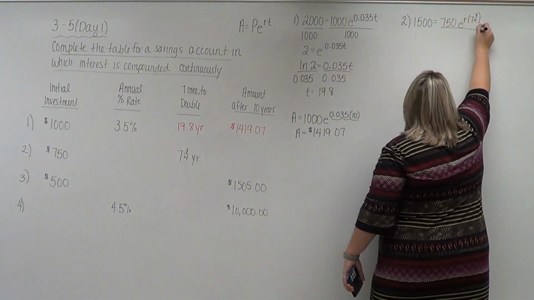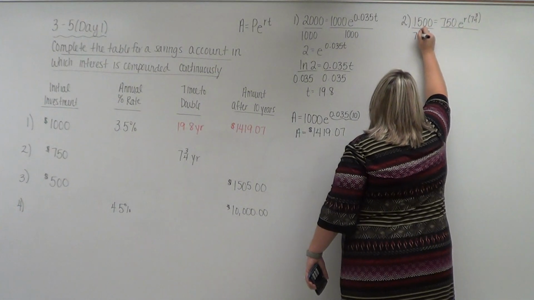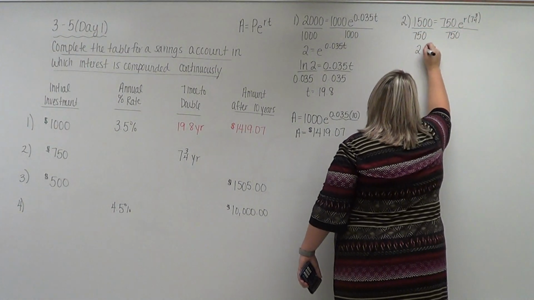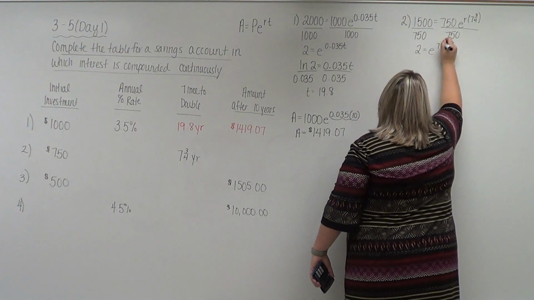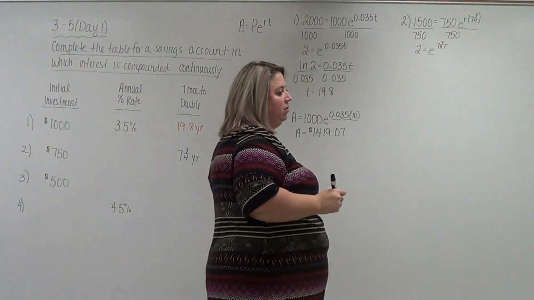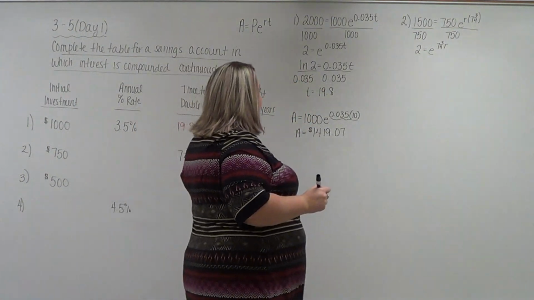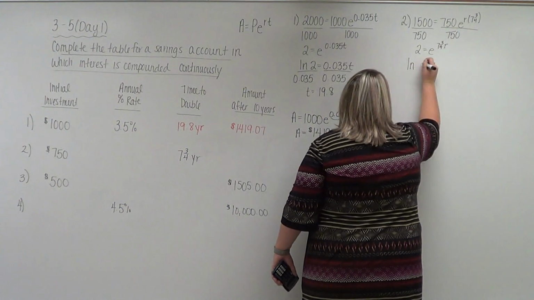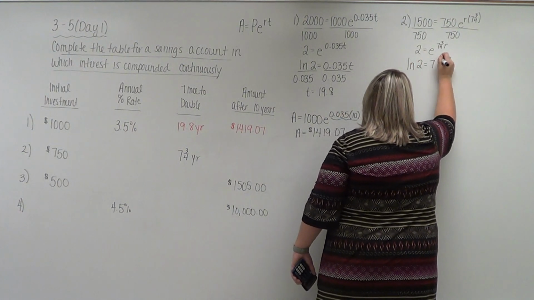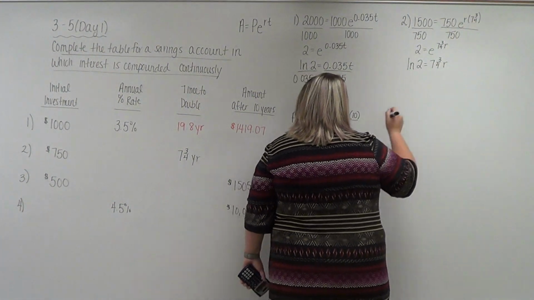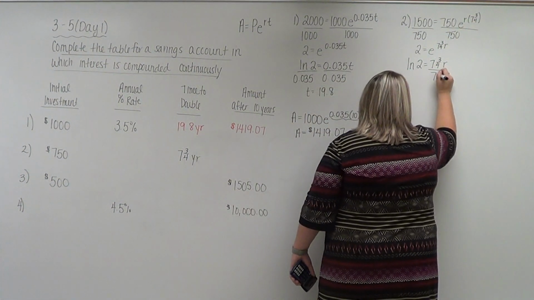First thing I would do is divide both sides by 750. So I have 2 equals e to the 7 3/4 r. Okay, so I write it like a log, so I have log base e, so that would become ln of 2 equals 7 3/4 r. And then I would divide both sides by 7 3/4.